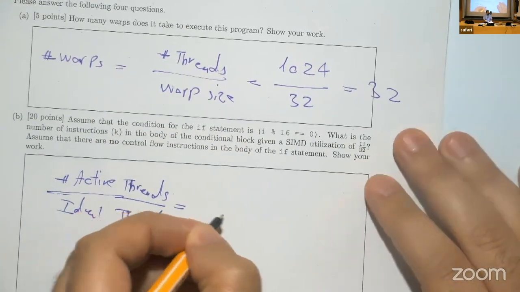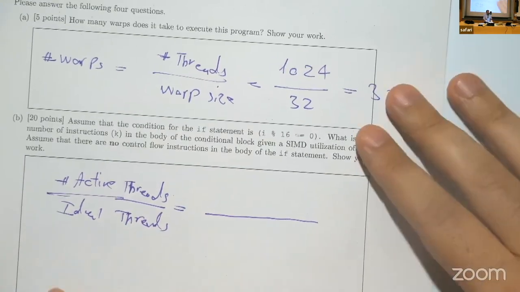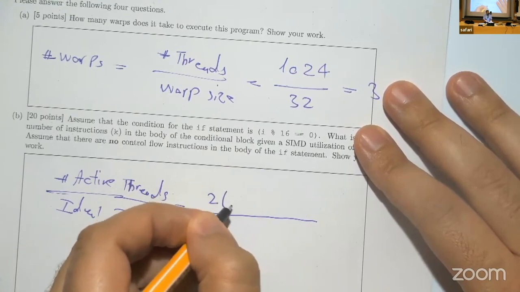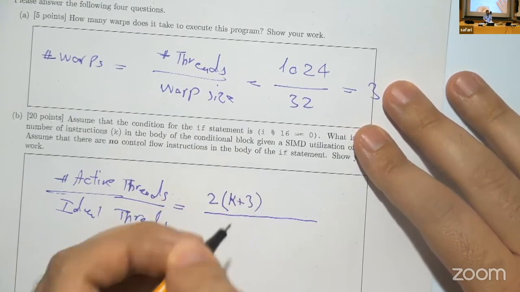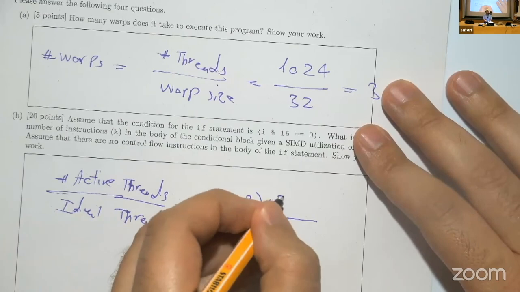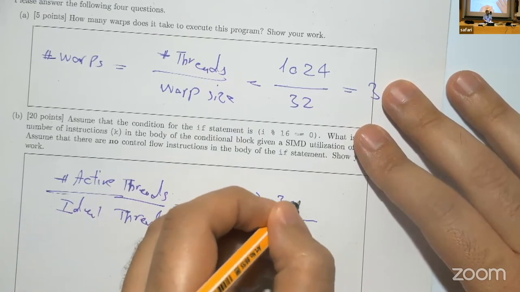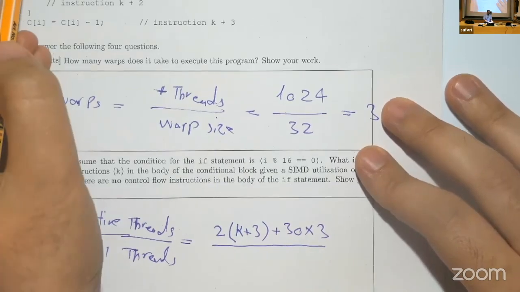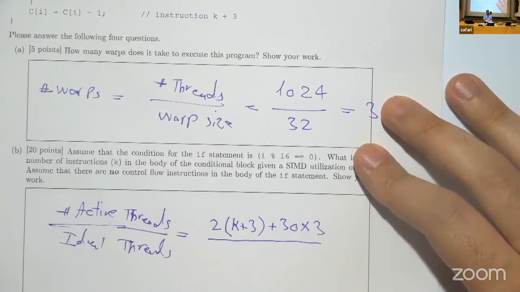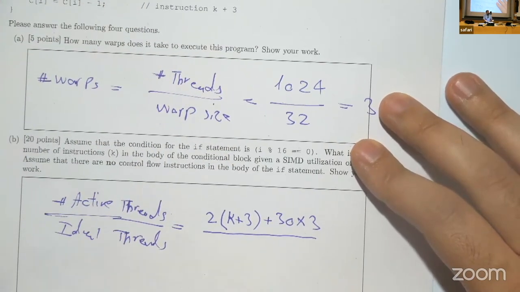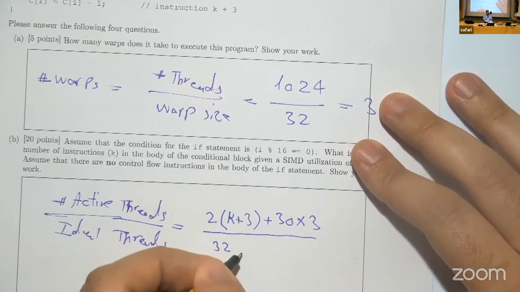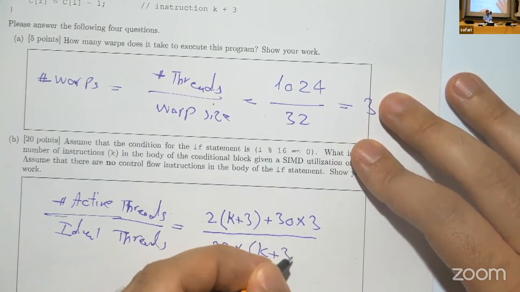So in every warp, 2 threads execute K+3 instructions, and the remaining 30 threads execute only 3 instructions: the if instruction and this last instruction. In the ideal case, all 32 threads execute K+3 instructions.